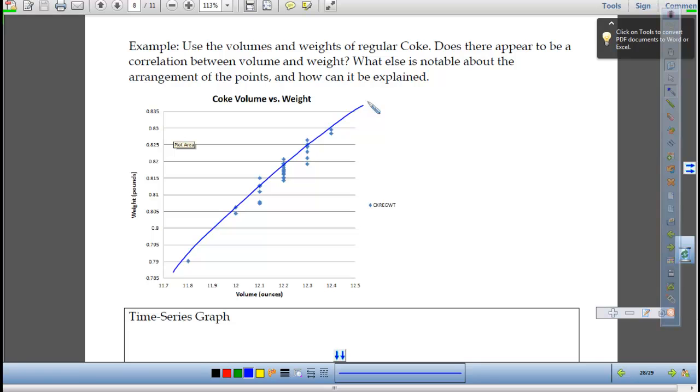But the other question is, what else is notable about the arrangement of the points? Would you say outliers? Yeah, there was an outlier here. I suppose we call that one 11.8. There's a low ball one.